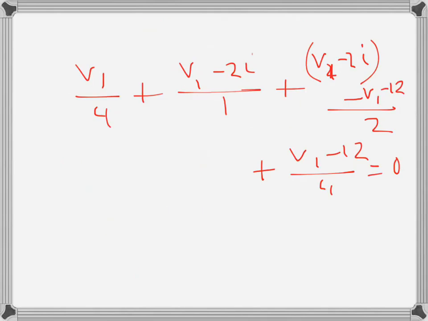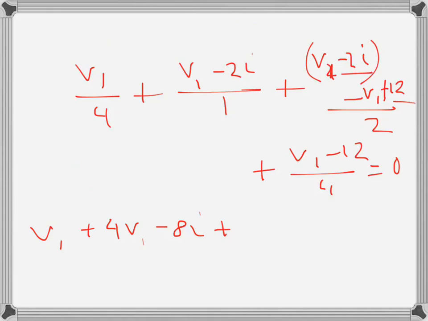If I multiply both sides by 4, it becomes V1 plus 4V1 minus 8i plus, here this one would become V1 minus 2i minus V1. This will become plus because there would be a bracket, so V1 gets cancelled and it becomes minus 2i plus 12.